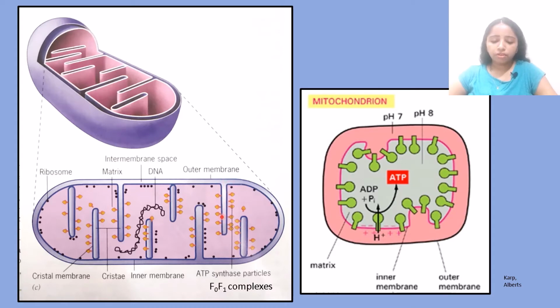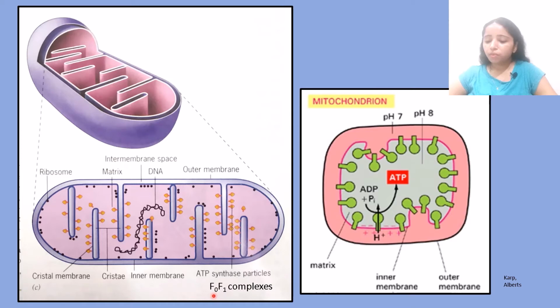In the matrix you can see mitochondrial DNA and mitochondrial ribosomes, and all along the cristae as well as on the inner membrane, these twin particles are present. These are called ATP synthase particles or F0, F1 complexes.